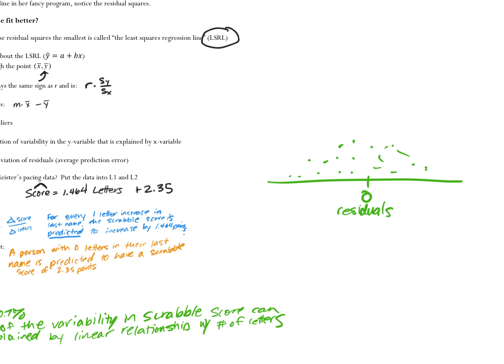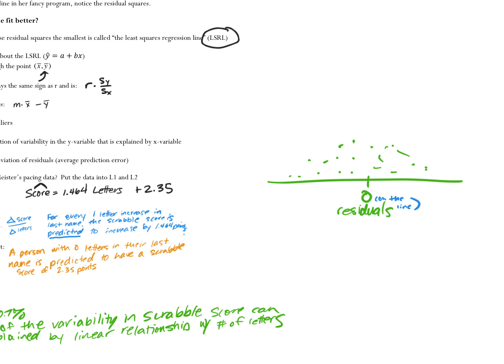What does it mean if a point has a residual of 0? It's on the line. Okay, great. So the mean of our residuals is on the line. What would the standard deviation of this graph represent?